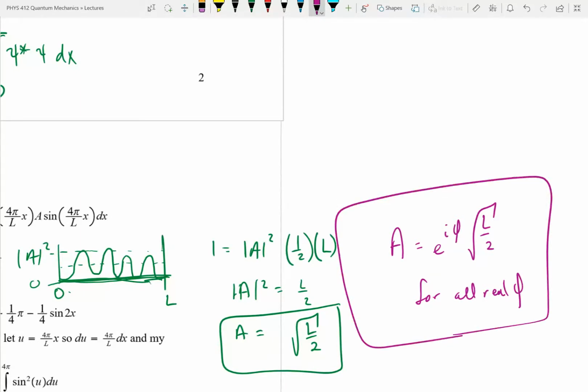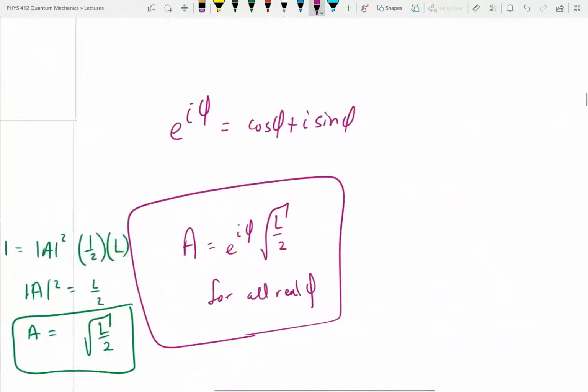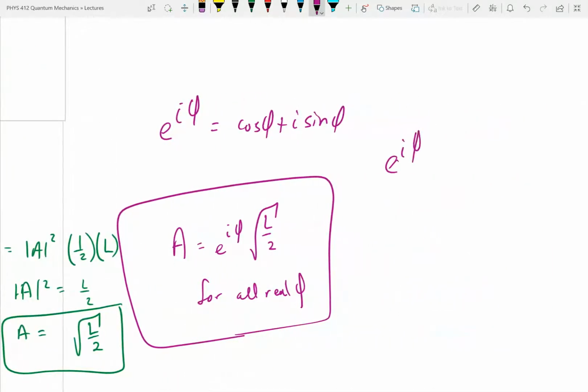You could have any phase, because remember, e to the i phi is equal to cosine phi plus i sine phi. It has a magnitude of 1, and it can be any angle in the complex plane. Because of the mod squared, e to the i phi mod squared is just 1.